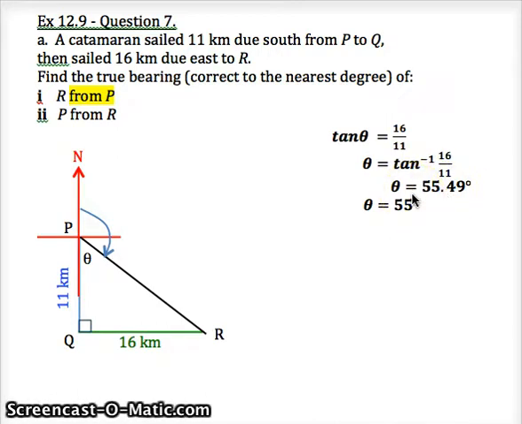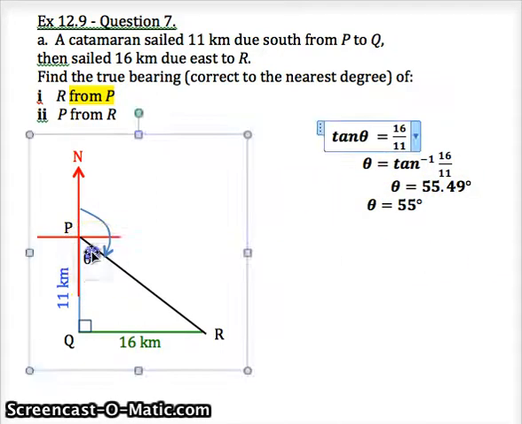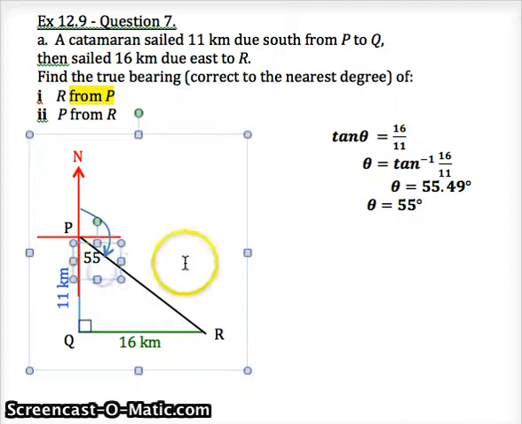So it's closer to 55 degrees than 56 degrees. So therefore, theta is 55 degrees. Now, I'm just going to mark in what theta is on the diagram, so I'll put that it's 55 degrees there.